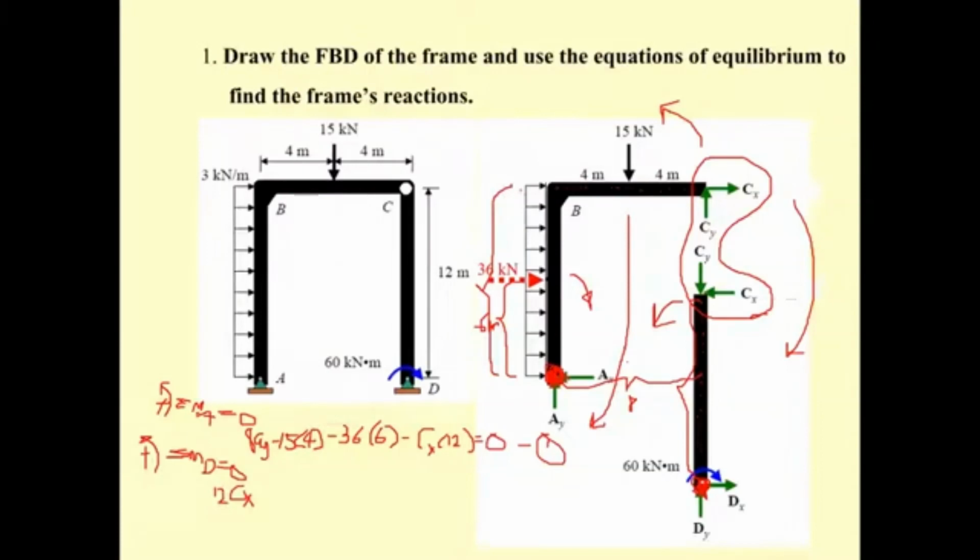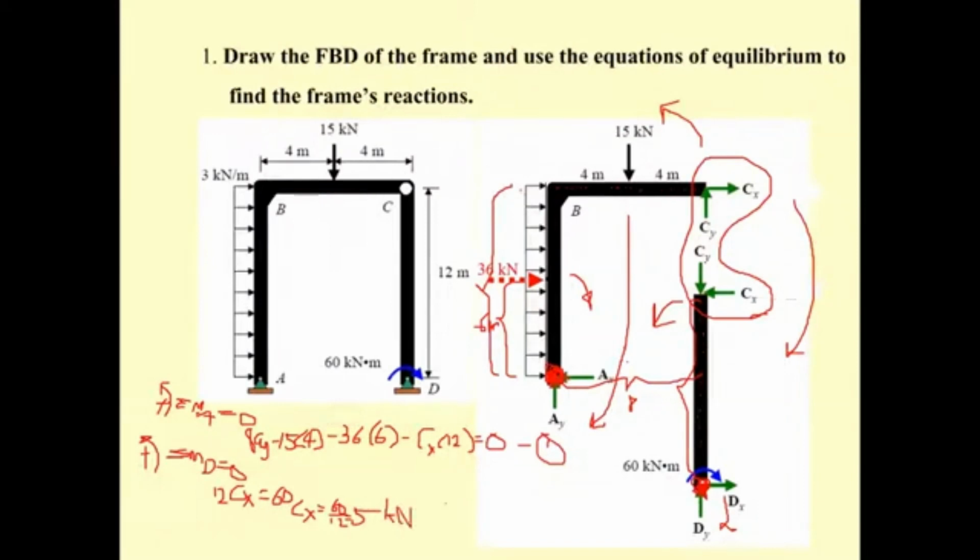And then over here you have the 60 kilonewton meter, and the 60 kilonewton meter is going to rotate like this, in the opposite direction. So this is going to be equal to 60. And then you get c sub x of 60 divided by 12, so your c sub x is going to be 5 kilonewton.